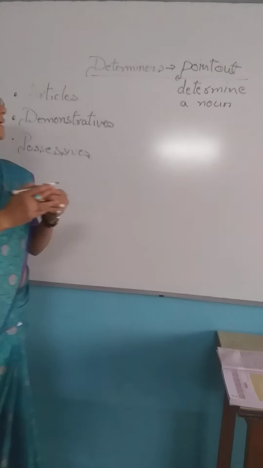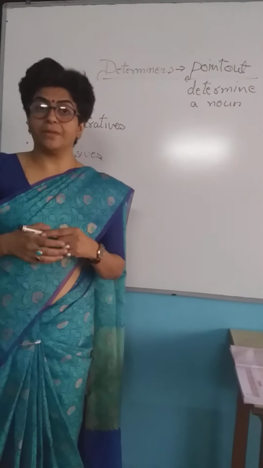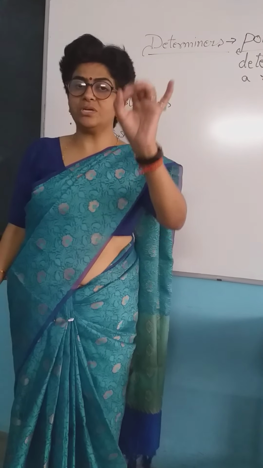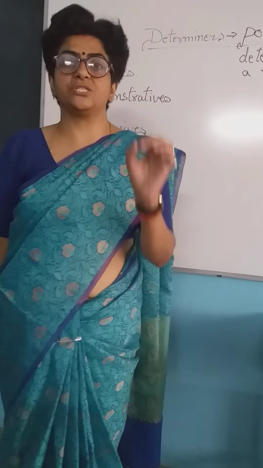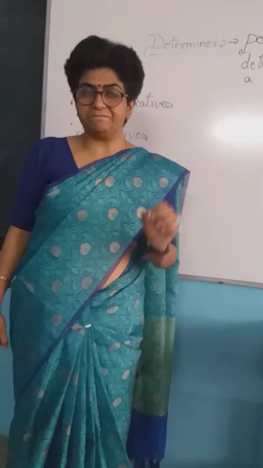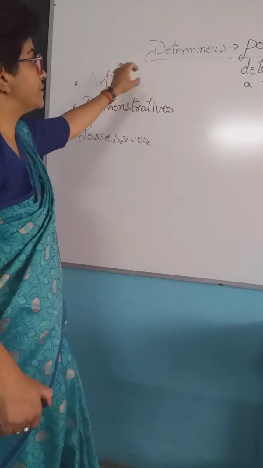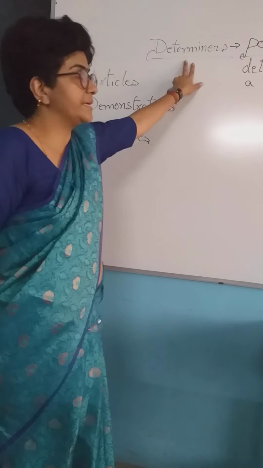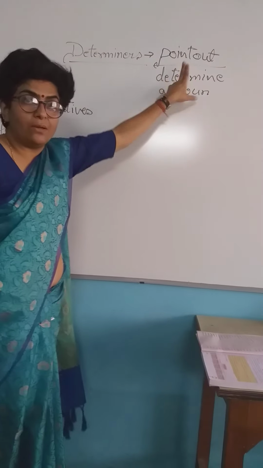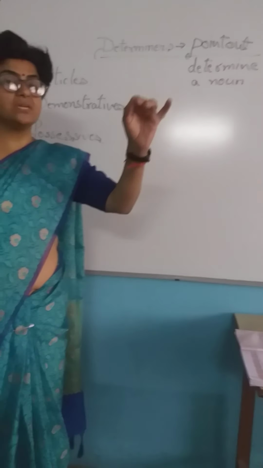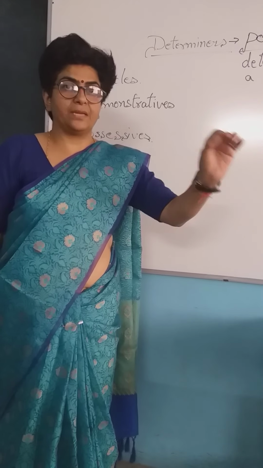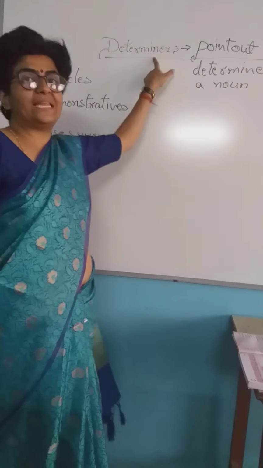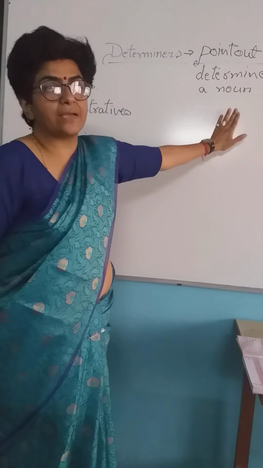Now, adjectives also do the same thing. They also somehow point out a noun. What is the major difference between an adjective and a determiner? The major difference is that determiners point out, while adjectives describe a noun. Determiners point out a noun, while adjectives describe a noun.